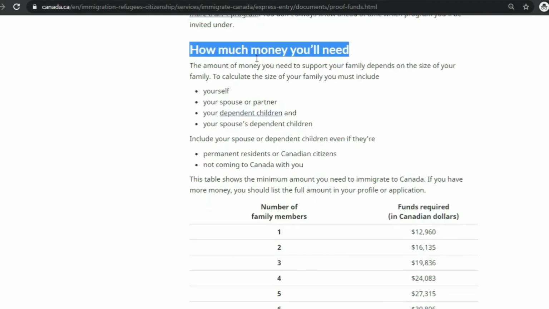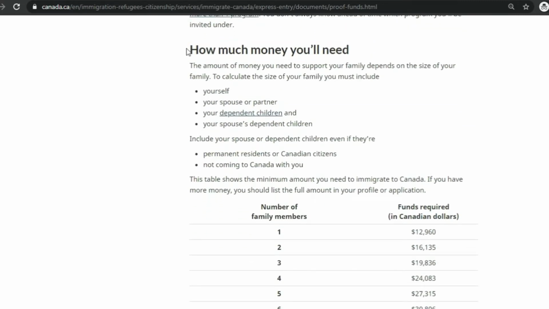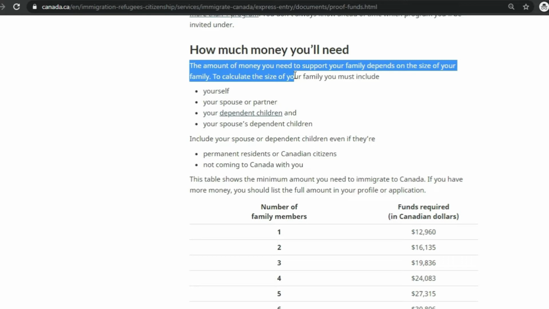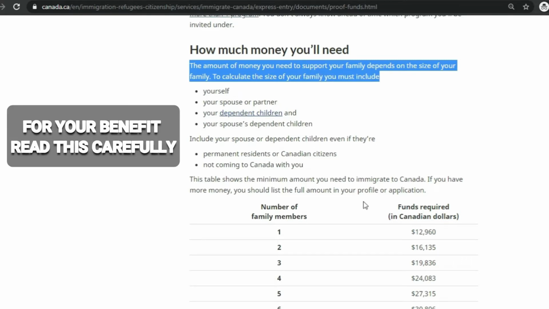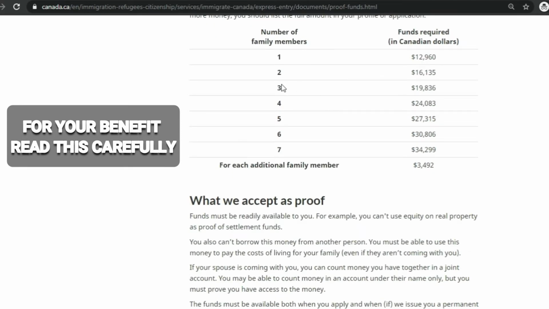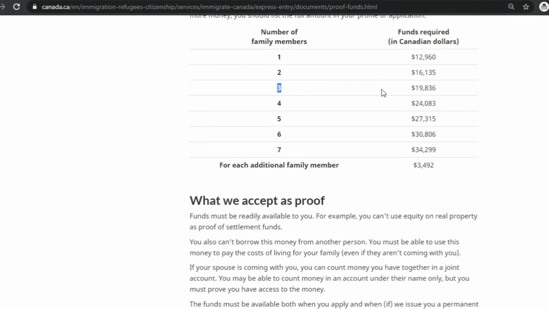How much money is needed? Now, it depends on the size of the family. And it is clearly defined what family is and what other ifs and buts you might have in your mind. For your ease, say you are a family of 3 people. Whether they are already PR or citizen or not coming to Canada with you, you still need to count them in the head count.